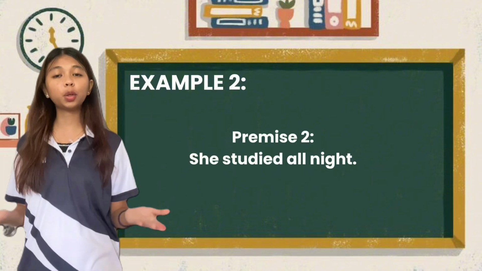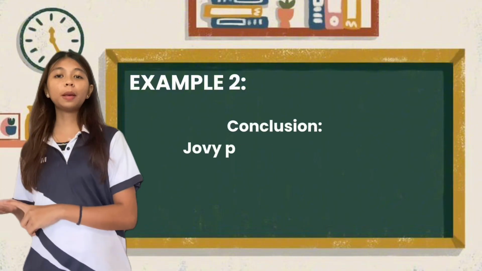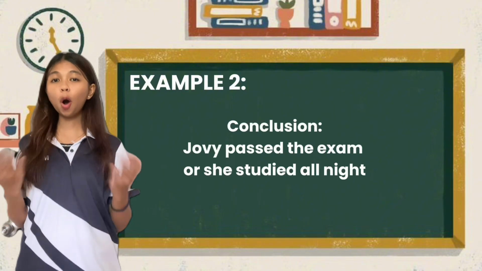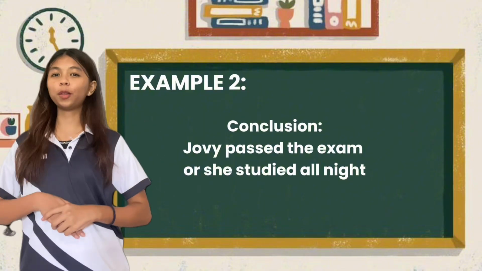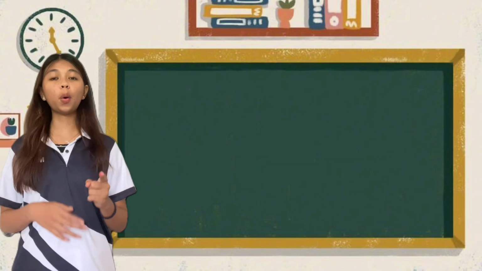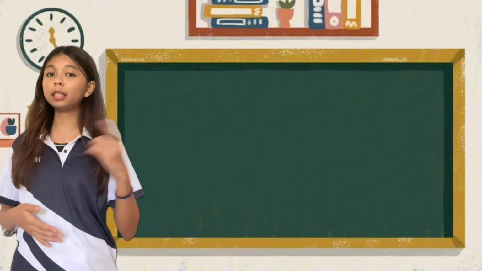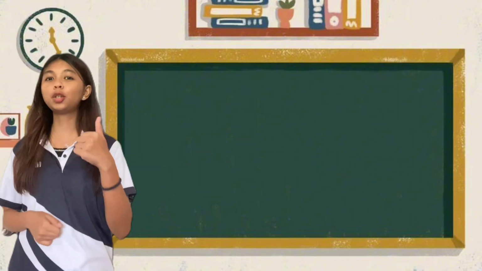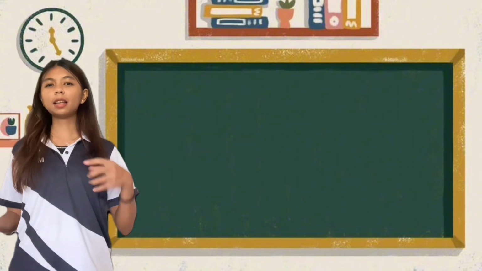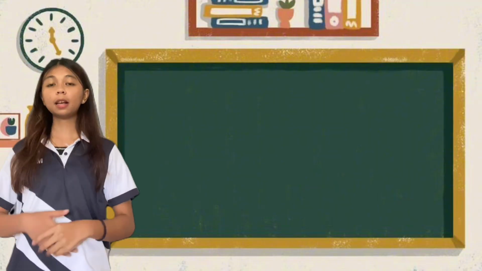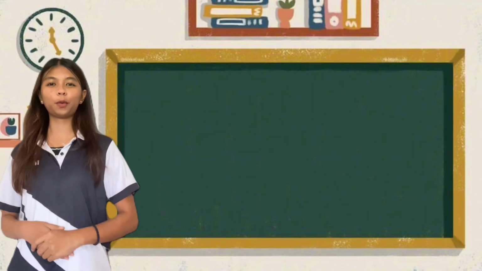So our conclusion will be, Jovi passed the exam, or she studied all night. So that is how the rule of inference addition works. Did you understand? Give us a thumbs up if you understand the addition rule of inference.